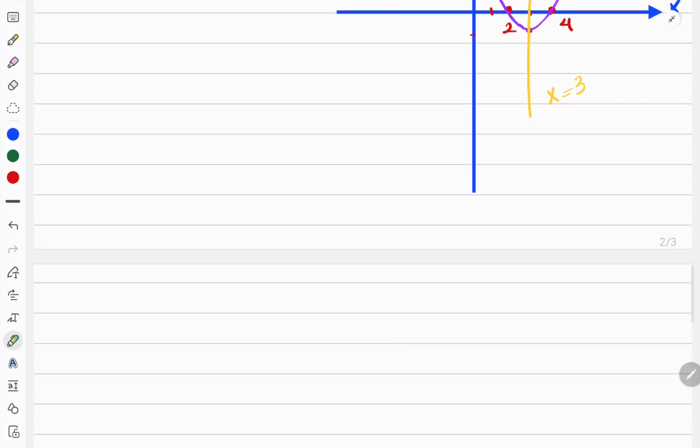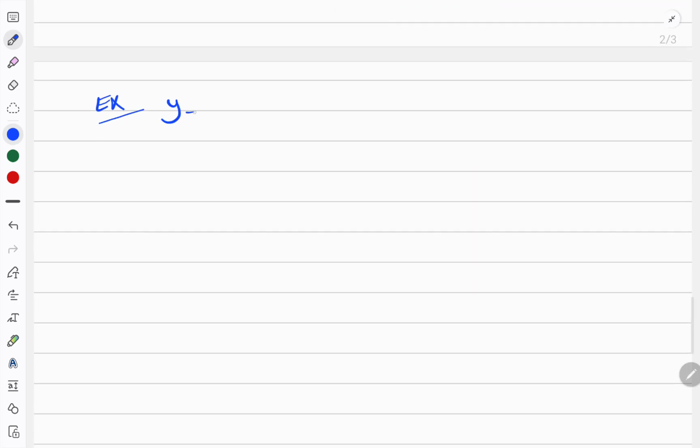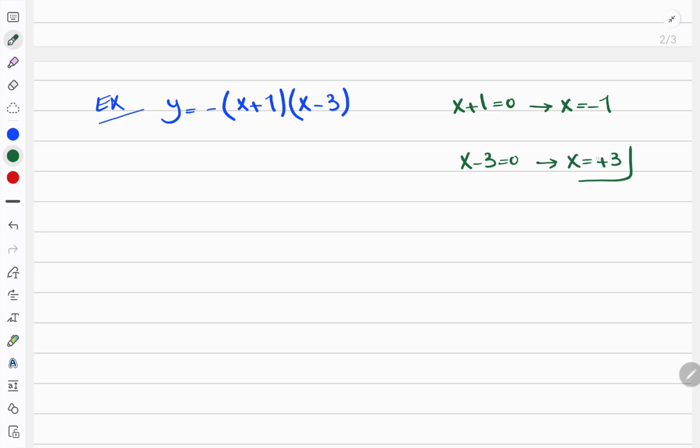Okay, as another example, y is negative x plus 1 times x minus 3. So we need 2 x-intercepts. If x plus 1 is 0, x is negative 1. And x minus 3 is 0, x is positive 3.